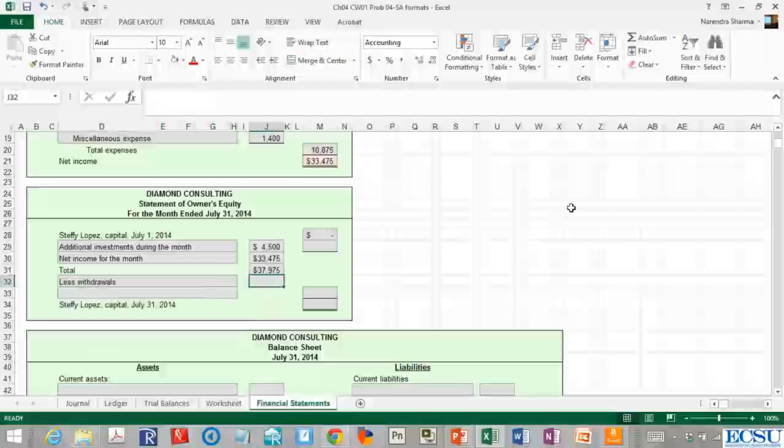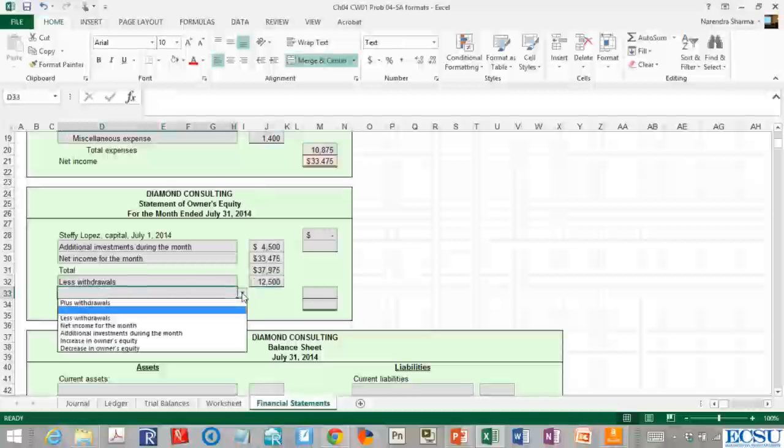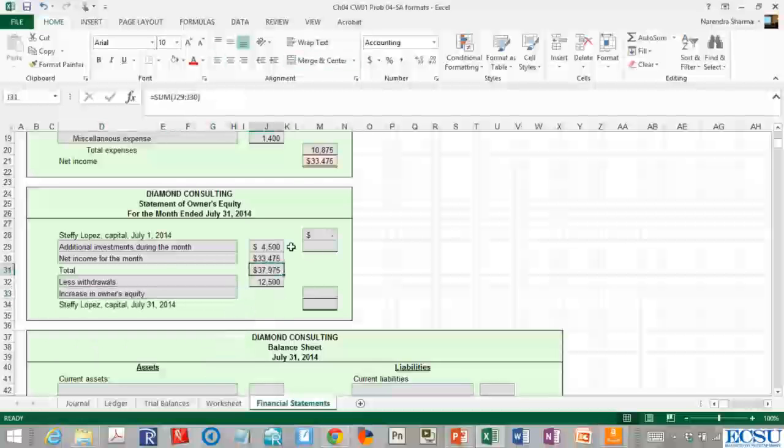Withdrawals amount was 12,500. And now this is going to be, of course, increase in owner's equity, because our increase is 37,975 and decrease is 12,500.